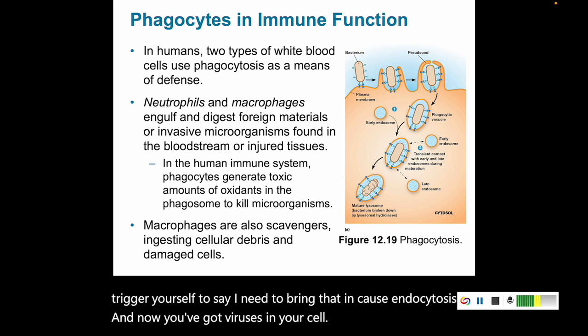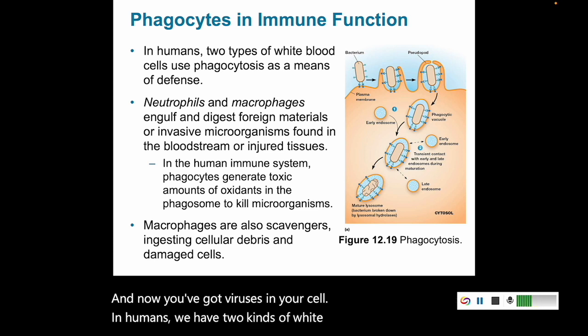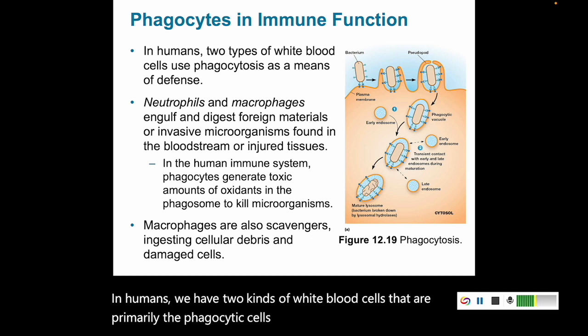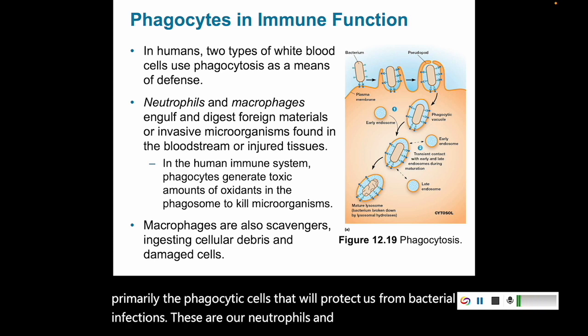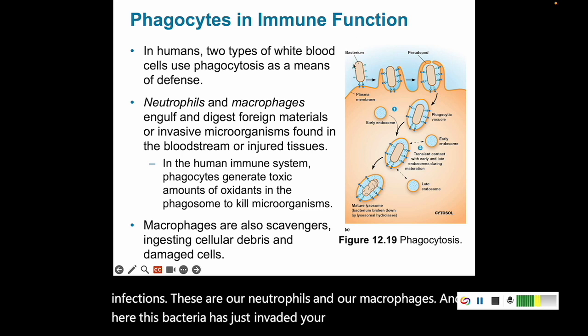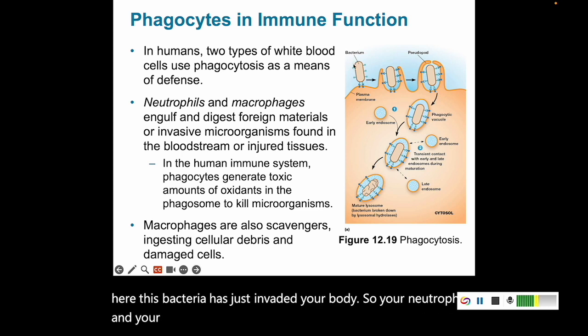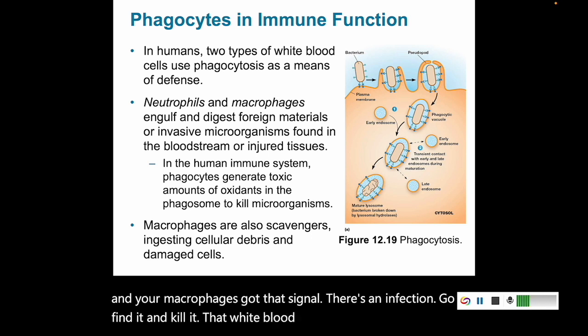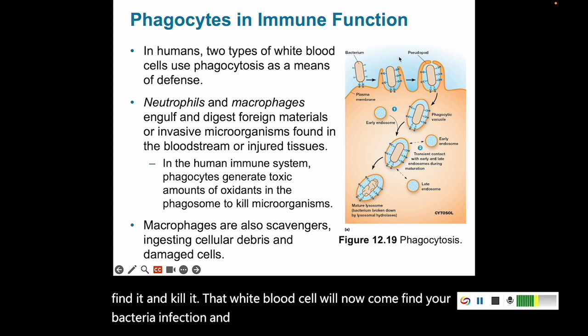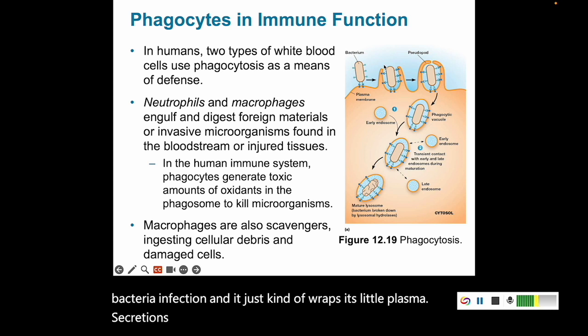In humans, we have two kinds of white blood cells that are primarily the phagocytic cells that will protect us from bacterial infections. These are our neutrophils and our macrophages. And here, this bacteria has just invaded your body. So your neutrophils and your macrophages got that signal: there's an infection, go find it and kill it. That white blood cell will now come, find your bacterial infection, and it just kind of wraps its little plasma membrane secretions around that cell.